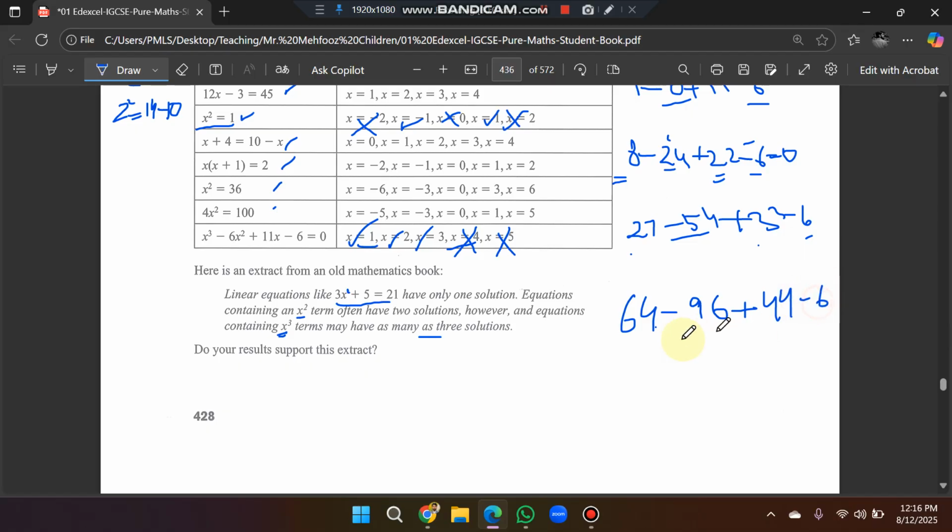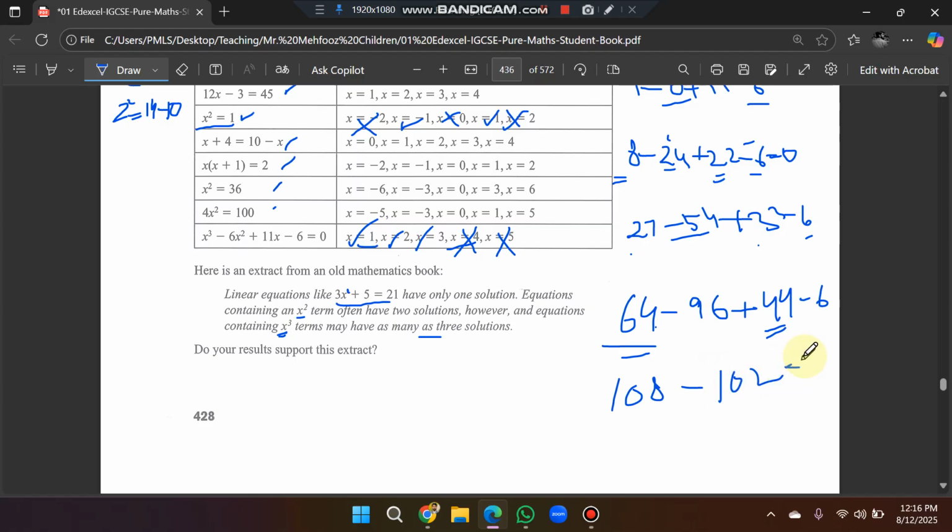So 64 plus 44, when we add these two terms, the answer is 108. Then minus 96 minus 6, so it becomes 102.